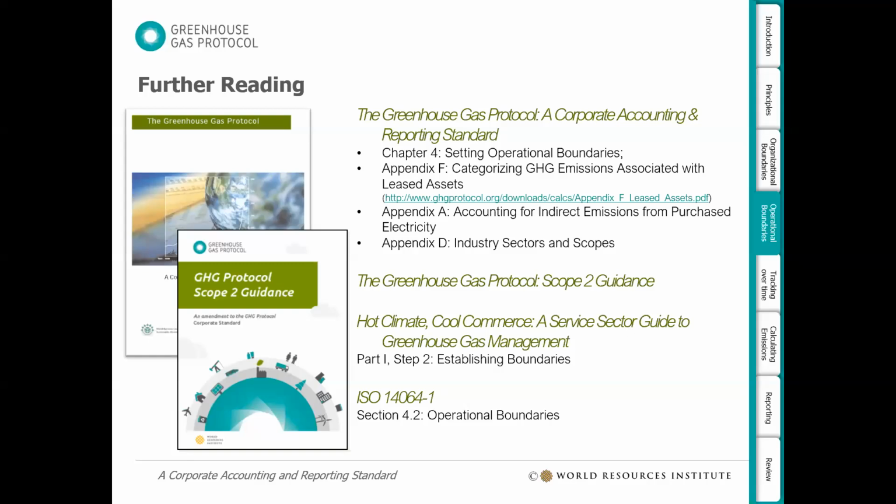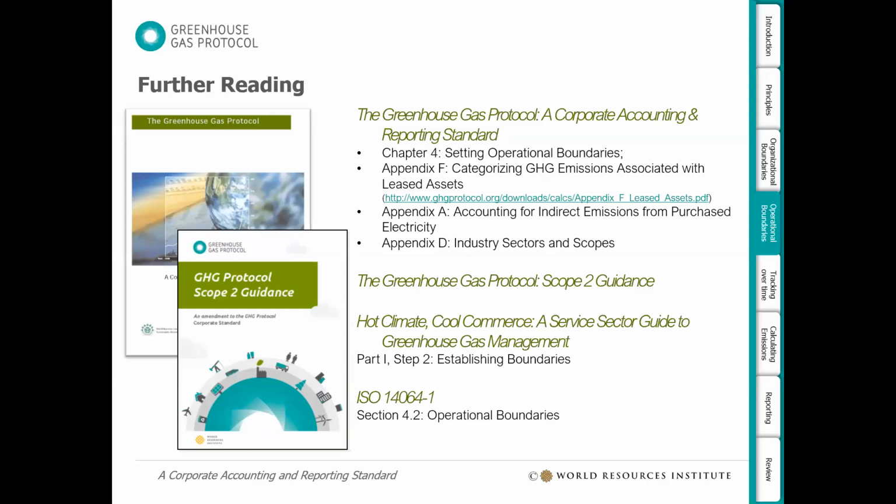Another important reference for Scope 2 accounting and the market-based approach in particular is the Scope 2 guidance. And again, you will all receive, following this training, a link to a recording of a training on the Scope 2 guidance. Two other publications might be useful, including the Hot Climate Cool Commerce publication I mentioned on day 1, and the ISO standard 14064 Part 1.